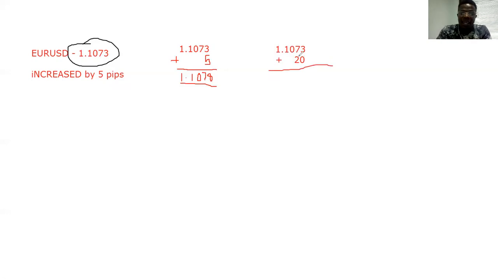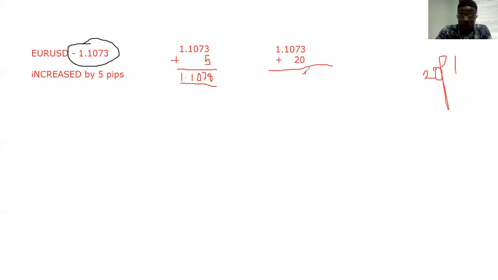The reason why we are adding 20 like this is because you start calculating pips from the fourth decimal place. Since 3 is the fourth decimal place for this value, 1, 2, 3, 4. 3 is the fourth decimal place. Then the total number of pips that was added is 20 pips. So you add 0 to the 3 and 2 to the 7.